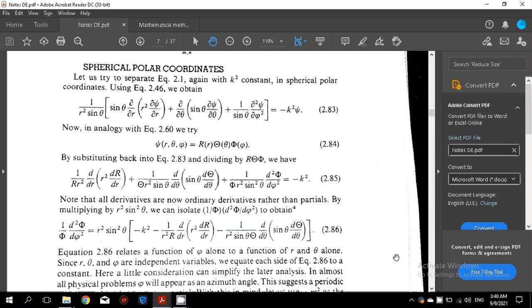So equation 2.86 relates a function of phi alone to a function of r and theta above. Since r, theta and phi are independent variables, we equate each side of the equation 2.86 to a constant. Here a little consideration can simplify the later analysis.